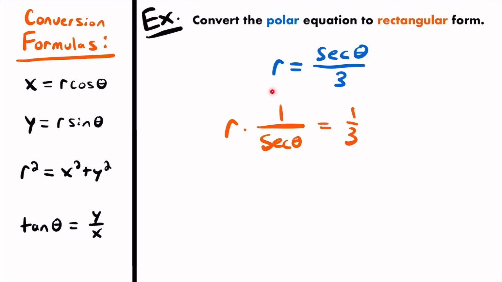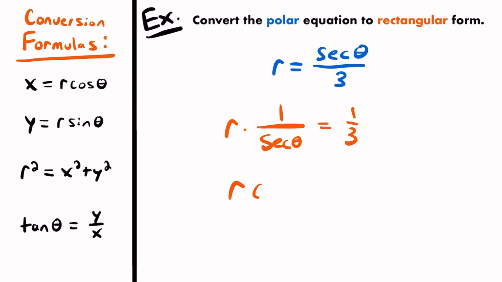And then on this side of the equation, we have r divided by secant theta, but I decided to write it like this, r times 1 divided by secant theta, because that's going to help us see how to use one of our conversion formulas. Because what we can do next is rewrite 1 divided by secant theta using one of our trigonometric identities. We know that 1 divided by secant theta is the same as cosine theta.